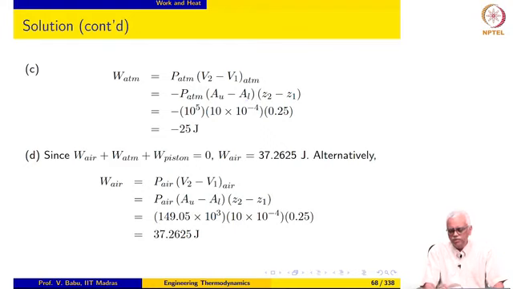So, the net displacement work is P atmosphere times AL times that. If you go through the arithmetic, you get the work interaction for the atmosphere to be minus 25 joules.